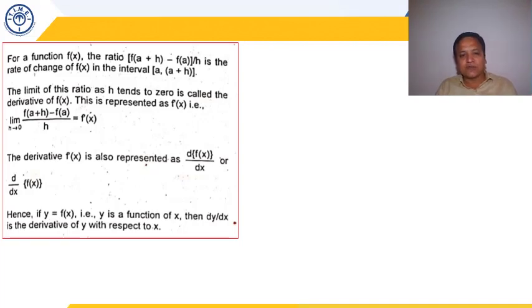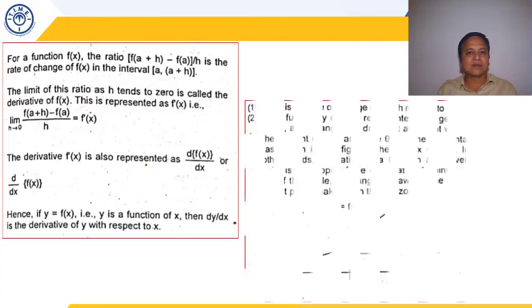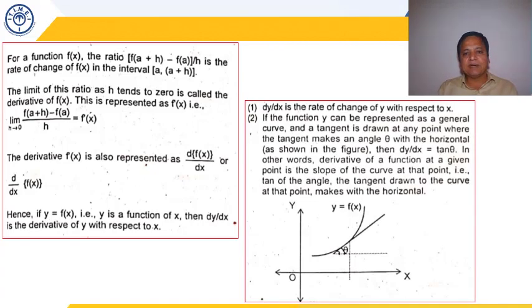If y is a function of x, then dy/dx is the derivative of y with respect to x. So we have taken limit when h tends to 0 of f(a+h) minus f(a) upon h as f'(x), that is the derivative of f(x). dy/dx is the rate of change of y with respect to x.